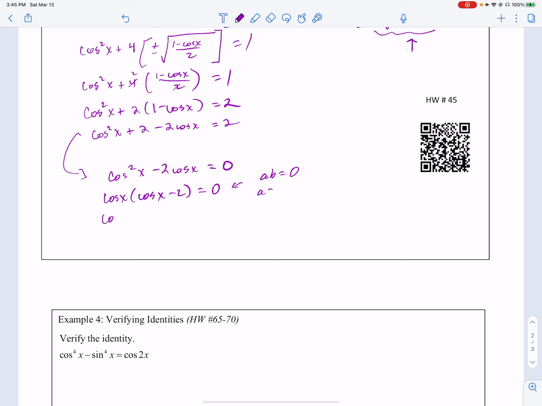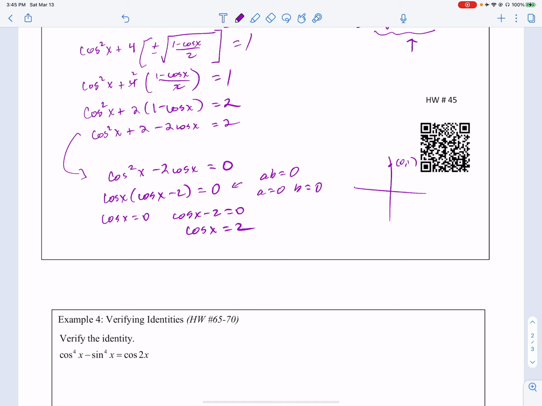Two things multiply to be 0. The only way that can happen is if one is 0 or the other. So either cosine of x is 0 or cosine of x minus 2 is 0. And the second one makes cosine of x is 2. And where is cosine of x 0? Well, it's on that unit circle where your x values are 0.